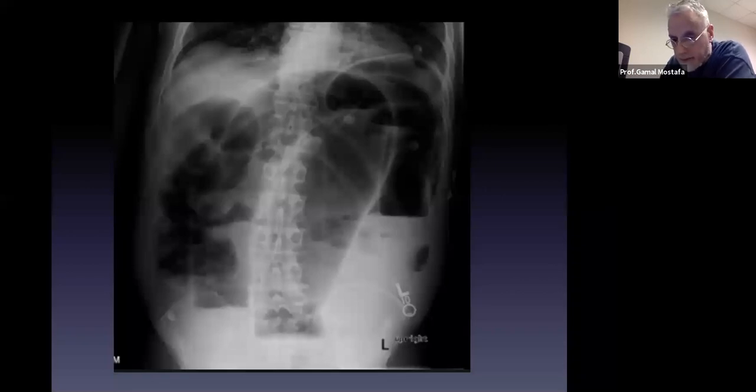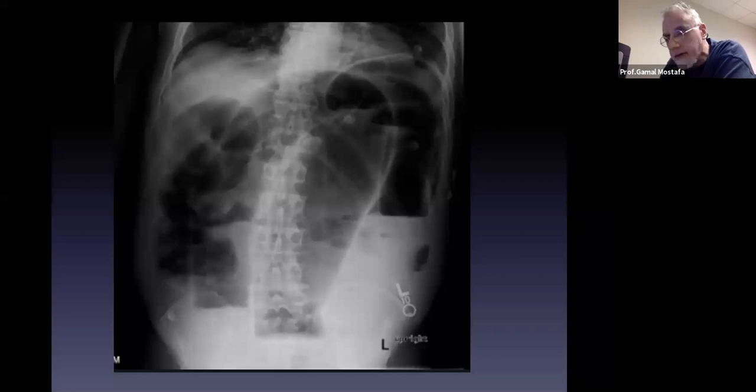Totally different management. In fact, it's such a different management that if I make the mistake of not knowing this and taking somebody with colonic pseudo-obstruction straight to the operating room, I'm causing this patient a lot of harm.